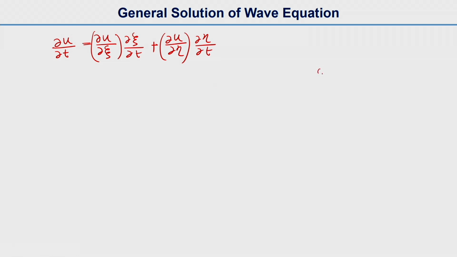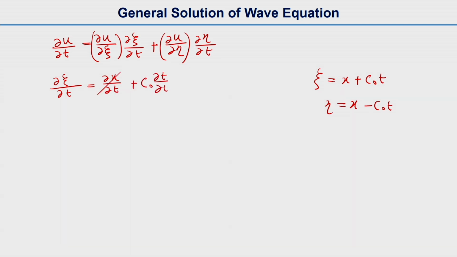From our definition of the variable x minus c t, the partial derivative of this variable with respect to t will give c naught, and the partial of the second variable with respect to t will give us minus c naught.